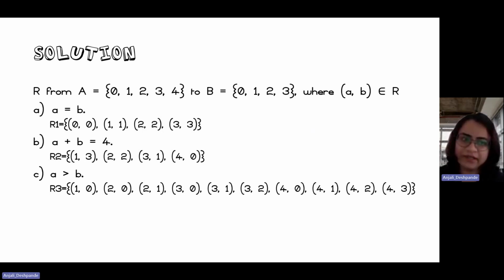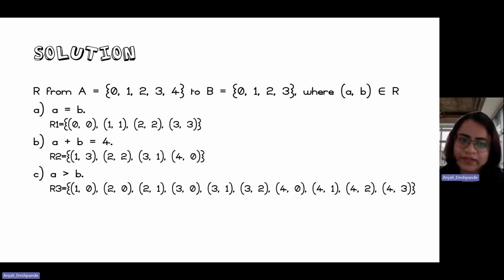That means a and b should add up to 4. As you can see, (1, 3), (2, 2), (3, 1), and (4, 0) are the tuples.